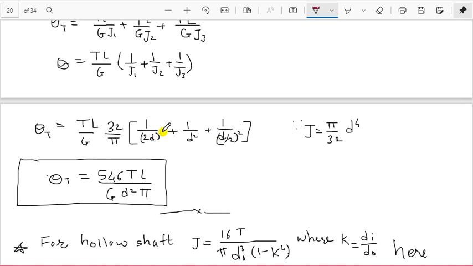Actually this is 4, not 2. This should be 4.